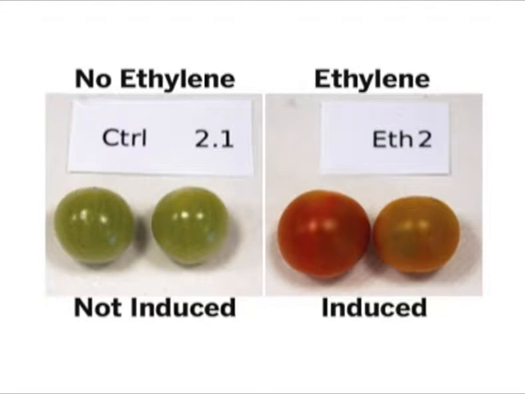Elimination of ethylene biosynthesis in tomato by silencing the genes that code for ACC synthase and ACC oxidase enzymes, which are crucial to ethylene biosynthesis, completely blocks the fruit ripening.